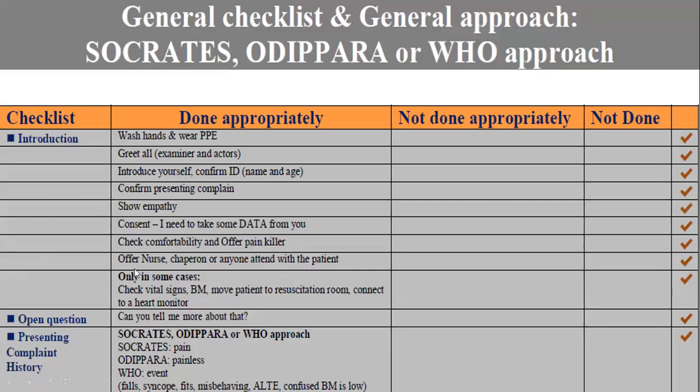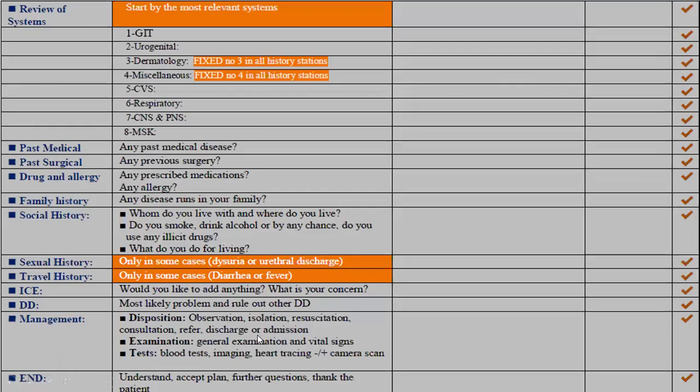And follow the general approach. If you memorize the general approach for all history taking, it will help you to be ready for any new station in history taking. And remember, you will use Socrates or Odibara or whichever approach. After that, review of systems. You have 8 systems, each 2 systems associated together.